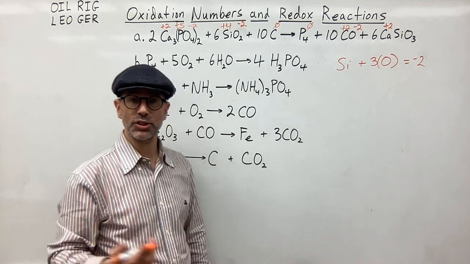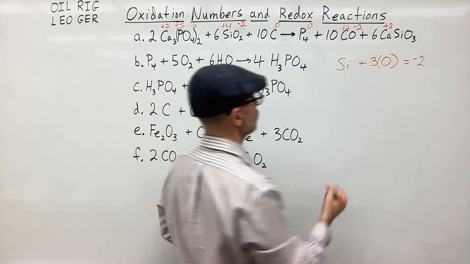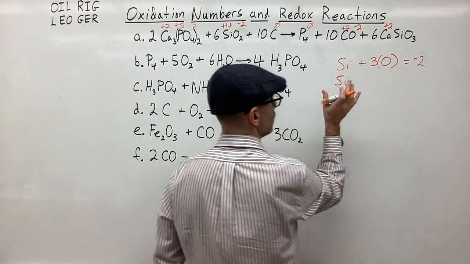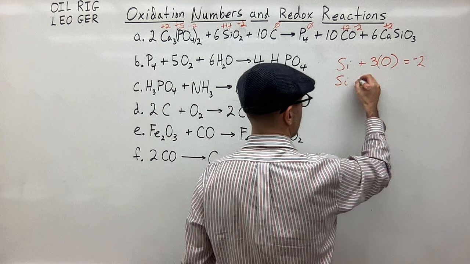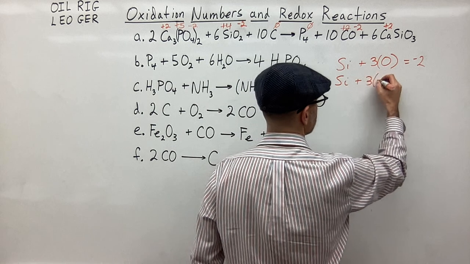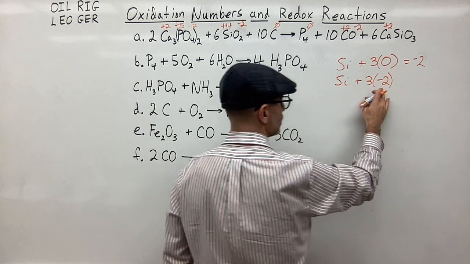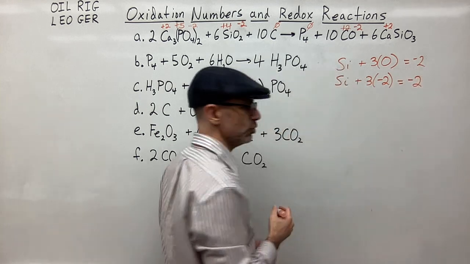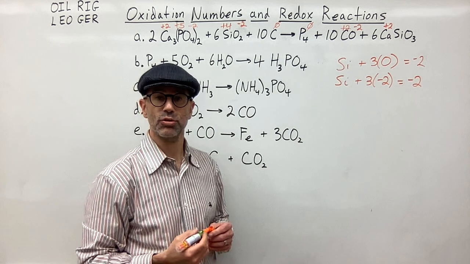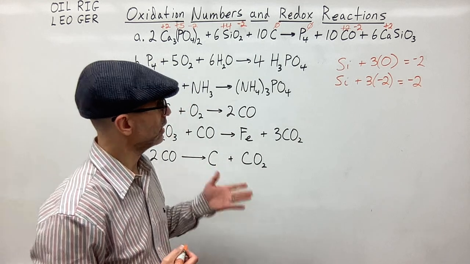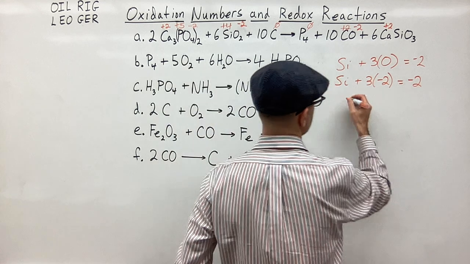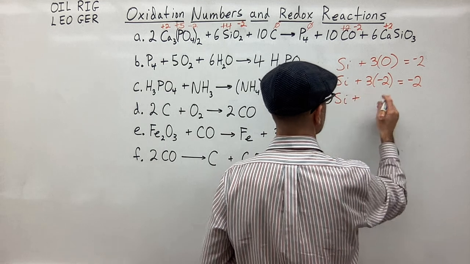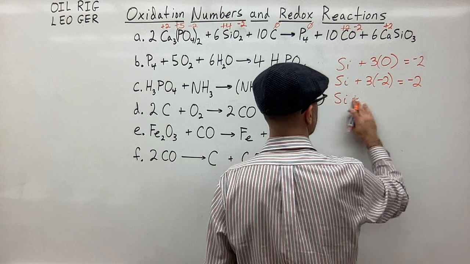So I'm going to start with oxygen. Oxygen comes first. So I'm going to assign oxygen a -2. So that's going to be the oxidation state of silicon plus 3 times -2, which is the oxidation state of oxygen. And that should all equal -2 because -2 is the overall charge on that ion. So then I just do the math. Si plus 3 times -2, that's going to be a -6.